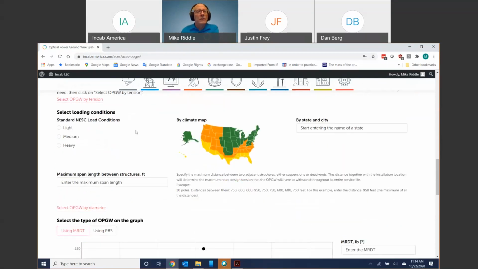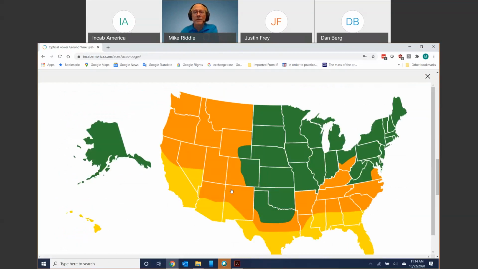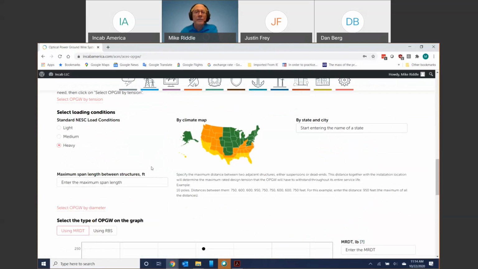So I'm going to pop up the screen and you can select your loading conditions, or you can click on the map to select your loading conditions. So we'll do that. If I'm living in Texas, well, we got all 3 here in Texas, so I could select the area of Texas that we're in. And if you think you're close to a loading district boundary, you can just put in the city and state.